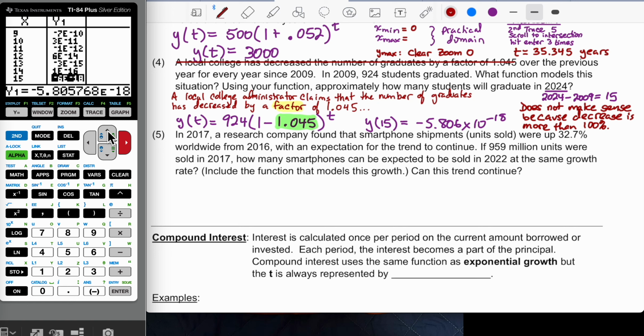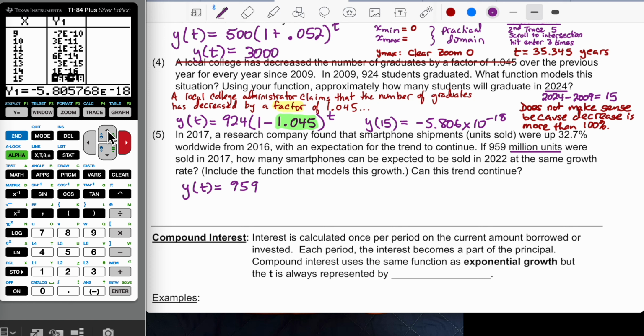So we're looking at y of t is equal to, we have 959. Got to be careful about units here. So it's in millions of units. So if I get an answer of, let's say, well, it's going to be bigger, so let's say 1,200, I have to understand that it's 1,200 million units.